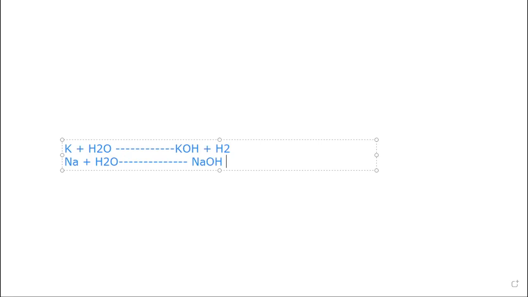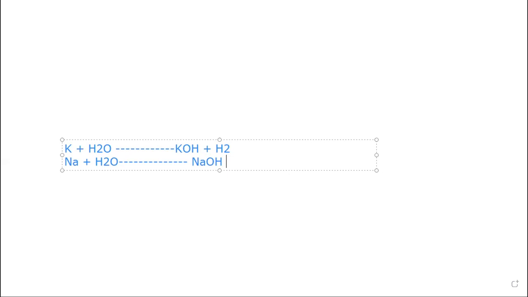Miss, what's valency? Valency is the number of electrons which are gained or lost by the atoms during the chemical reaction. All elements in group 1, pay attention, all elements in group 1 have a valency of 1.